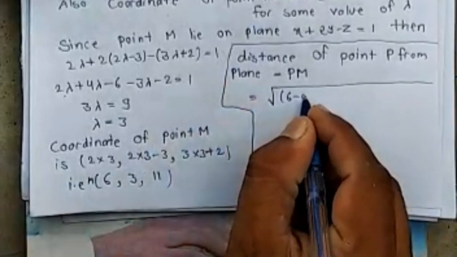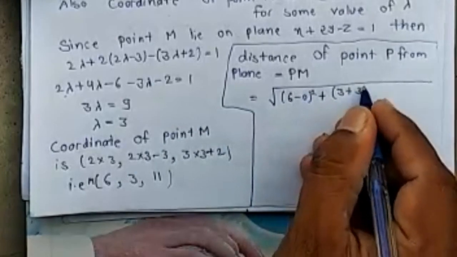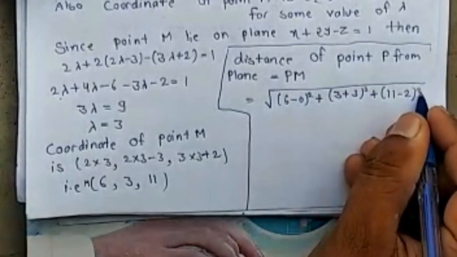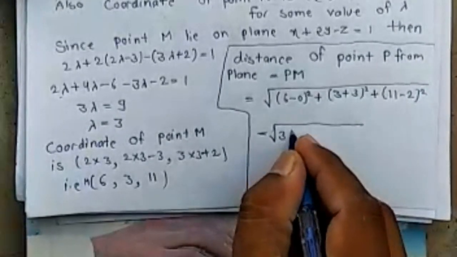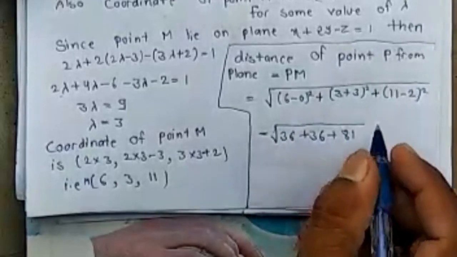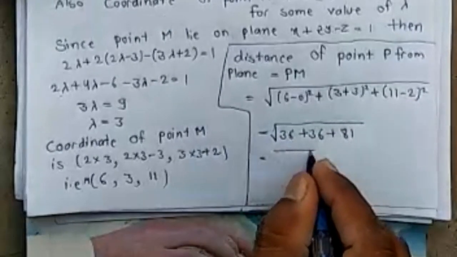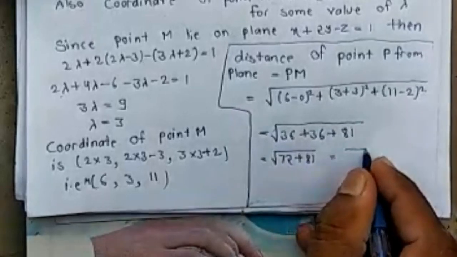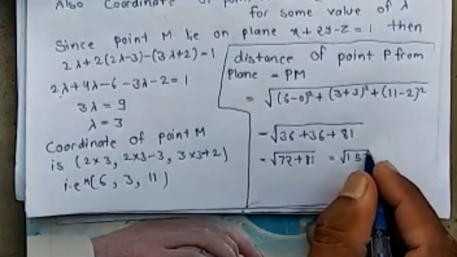Then (6 - 0)^2, (3 + 3)^2 and (11 - 2)^2. We get 36 + 36 + 81, 72 + 81, and we have 153, and it is answer.